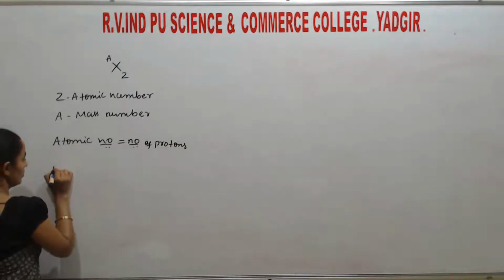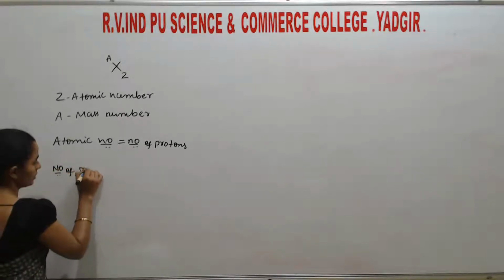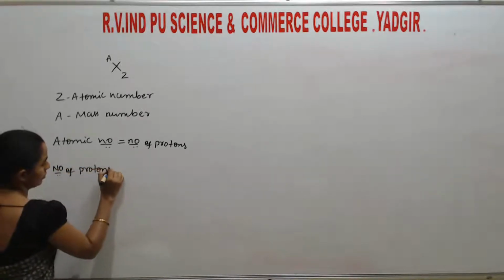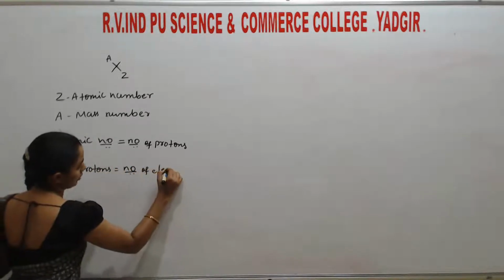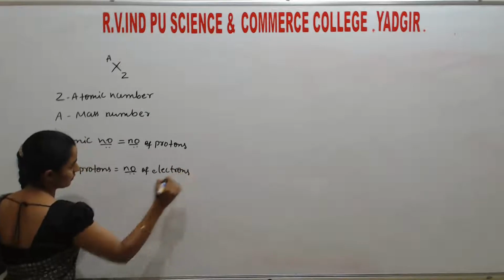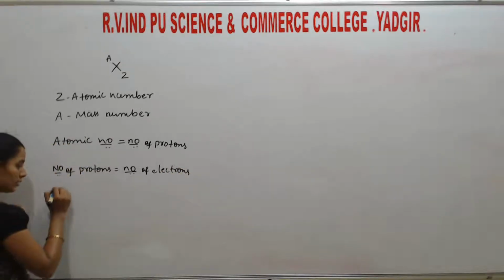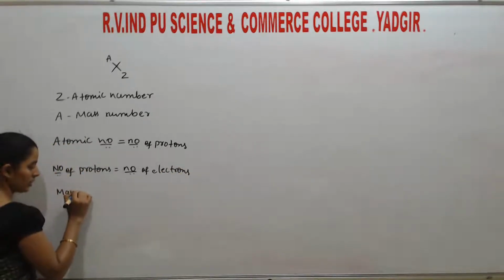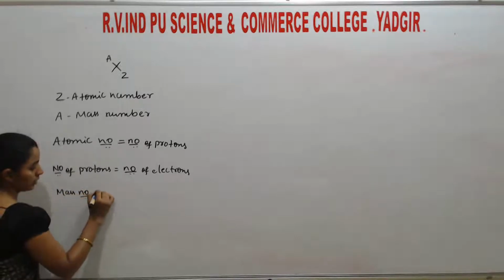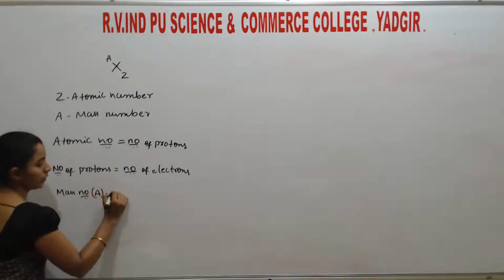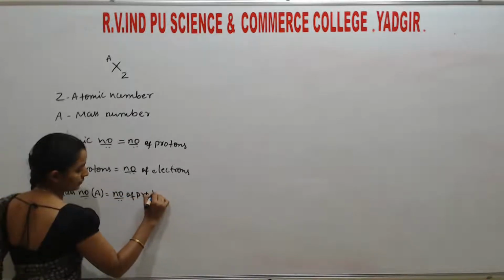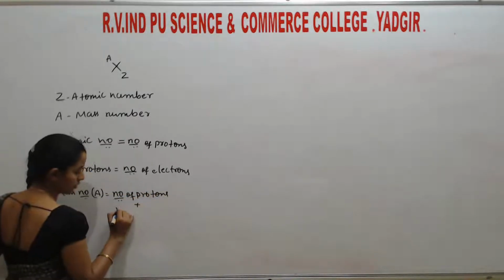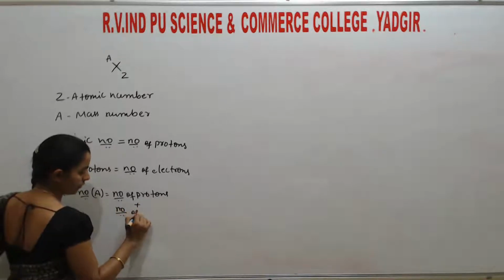So, number of protons is equal to number of electrons. Okay. Next, mass number A is equal to number of protons plus number of neutrons.